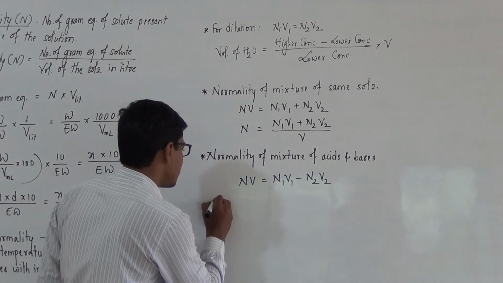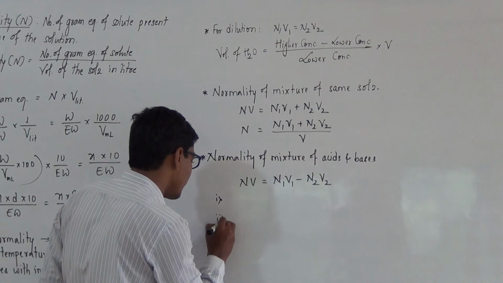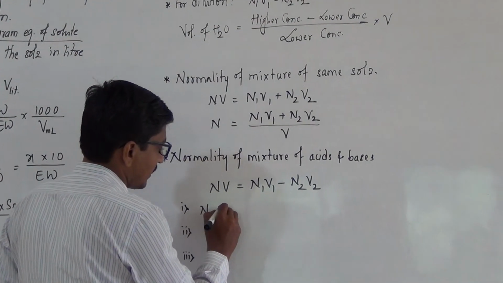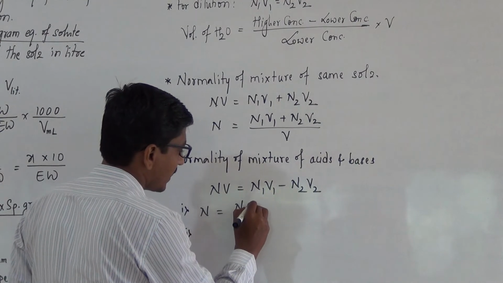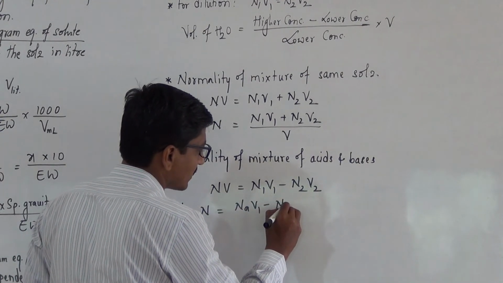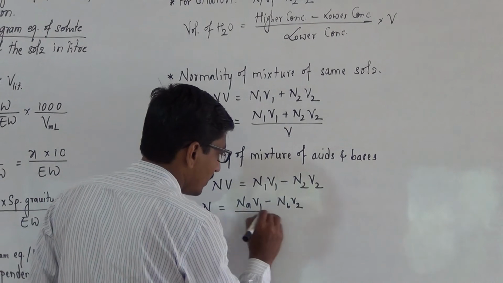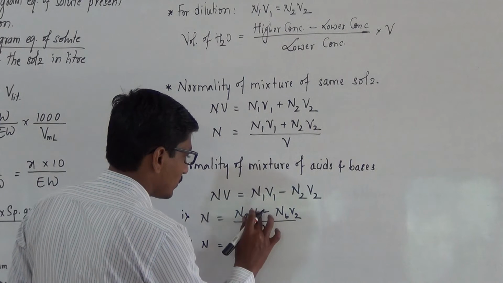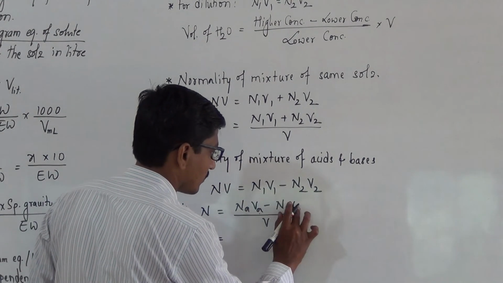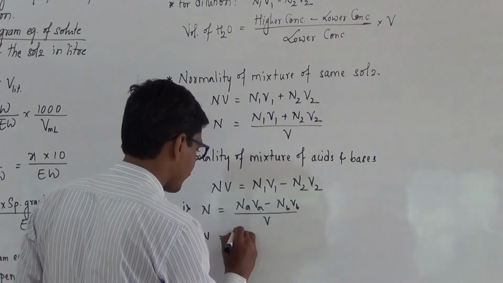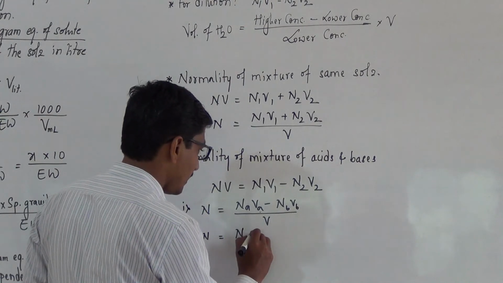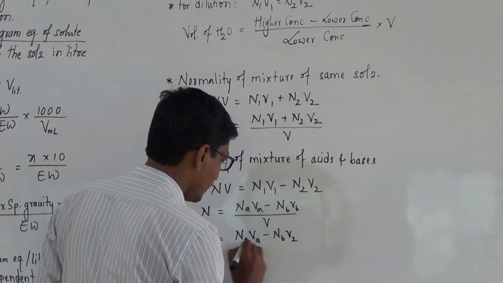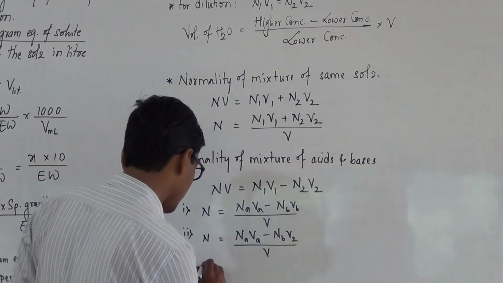In these cases, there are three different cases from this formula. N is equal to NaVa minus NbVb divided by V.